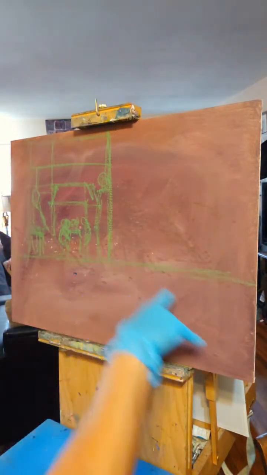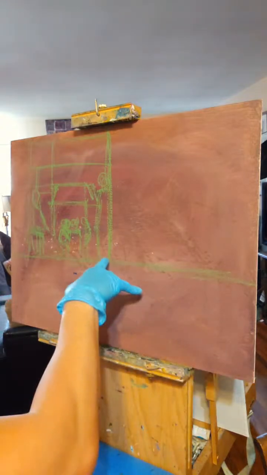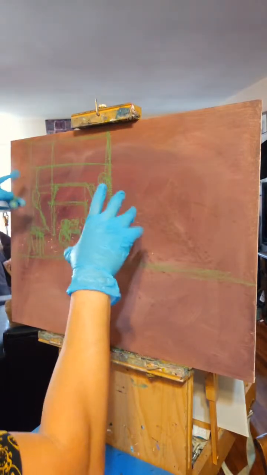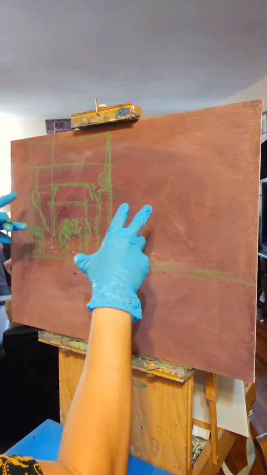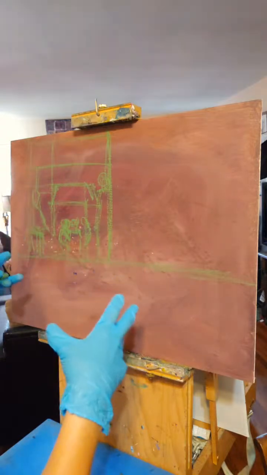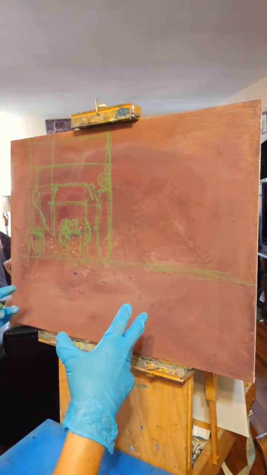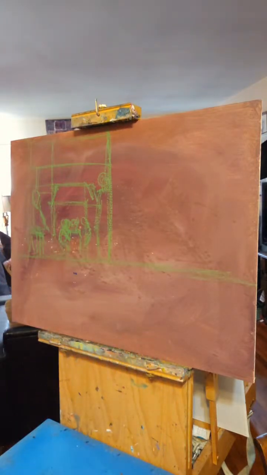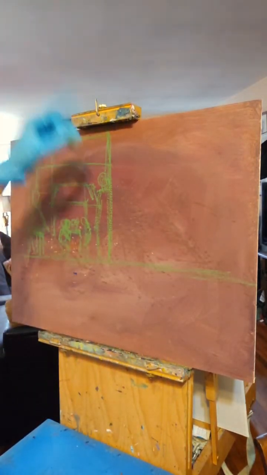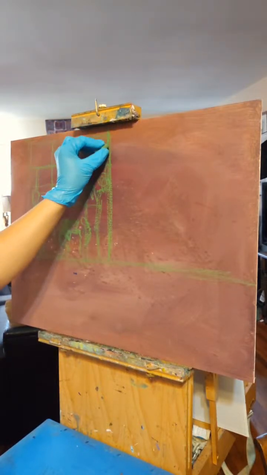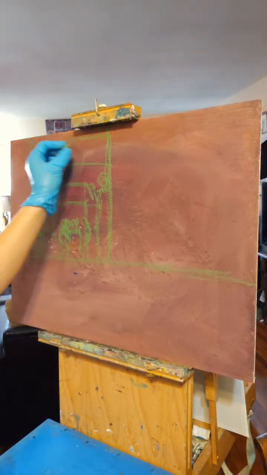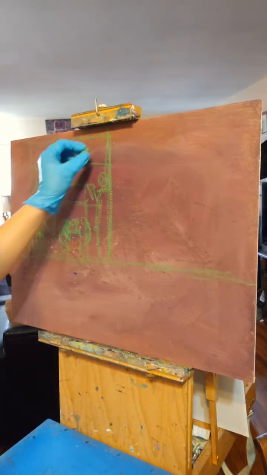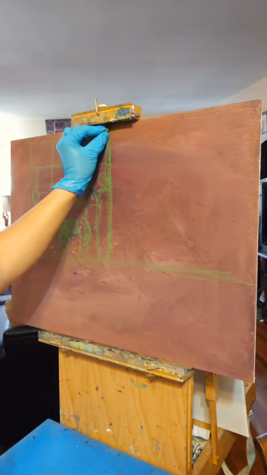For me, I'm trying to get that Edward Hopper feel where things feel almost claustrophobic. I want to capture that feeling. I think my biggest concern here is figuring out how to make it feel claustrophobic, but also make it look nice. There might be a little bit too much space above his head, but that's okay.